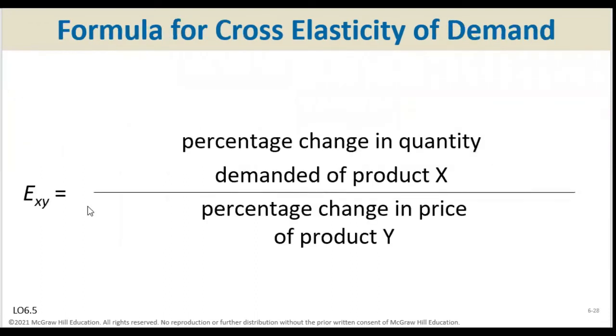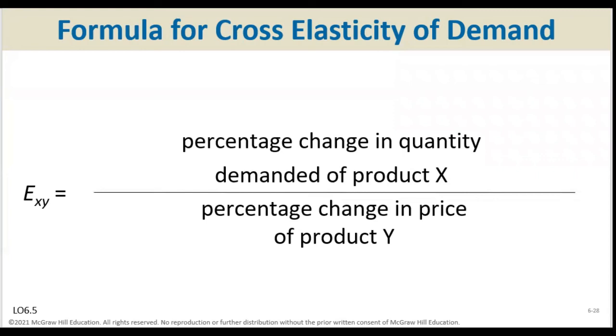So now let's move to the concept of cross elasticity of demand, which is E sub X and Y for two products. It is the percentage change in the quantity demanded for one product divided by the percentage change in the price of the other product, right? The consumption of a good can also be affected by the change in the price of a related good.